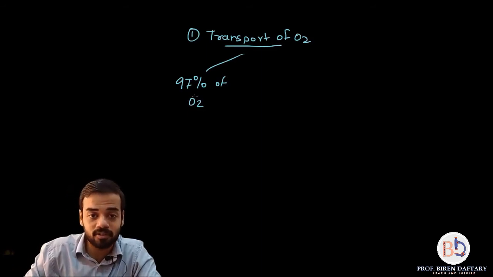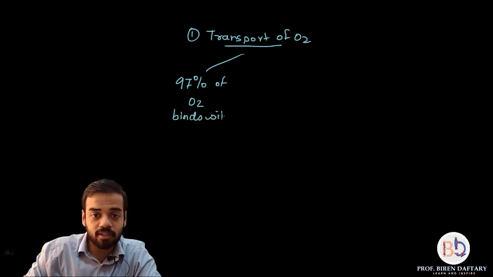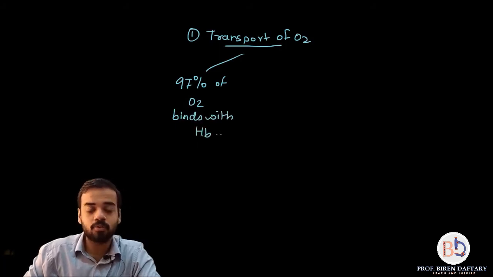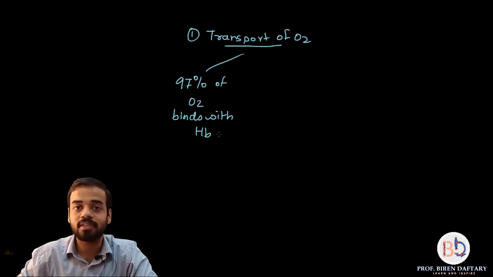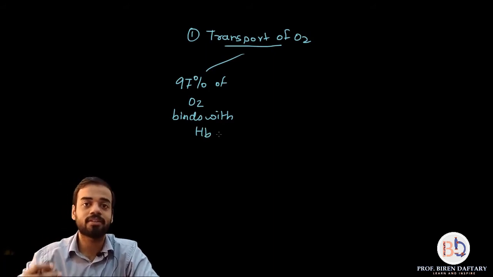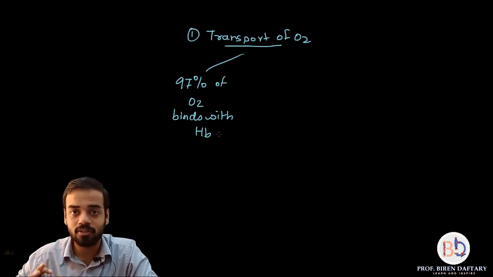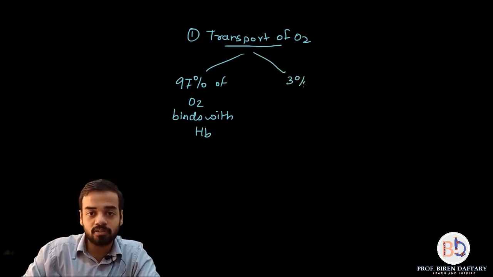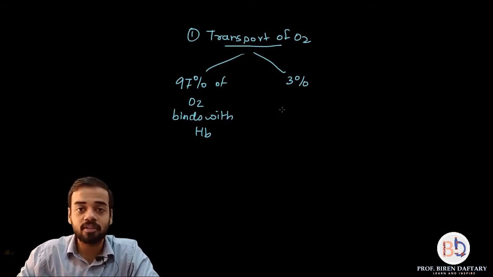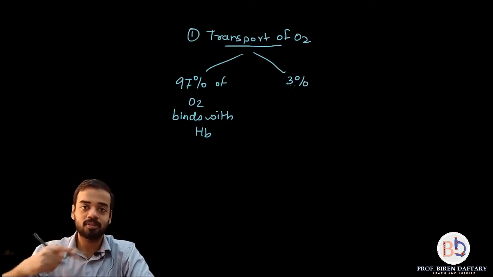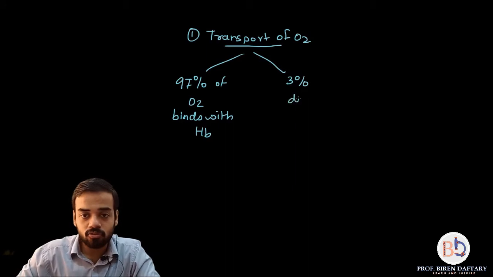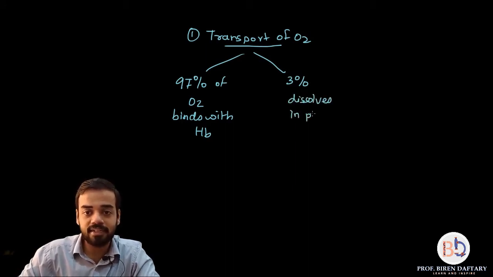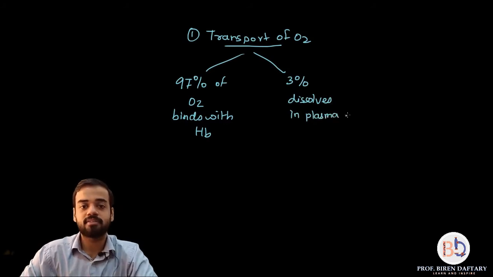The function of hemoglobin is to allow oxygen to bind to it, and then blood carries oxygen to the different cells. Whereas 3% of the oxygen dissolves in the plasma of blood, and that plasma carries the oxygen. So these are the two ways in which oxygen is carried by the blood to the cells.